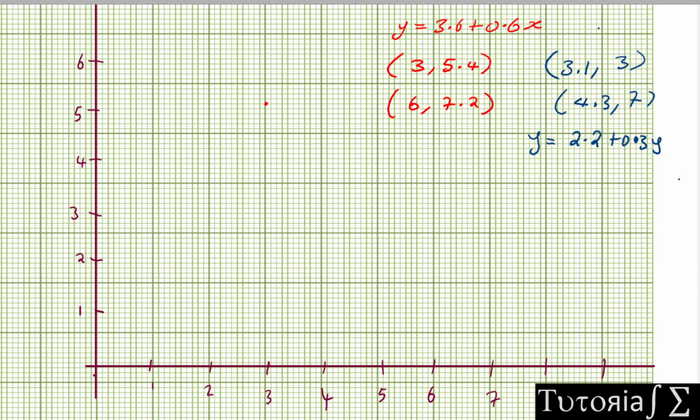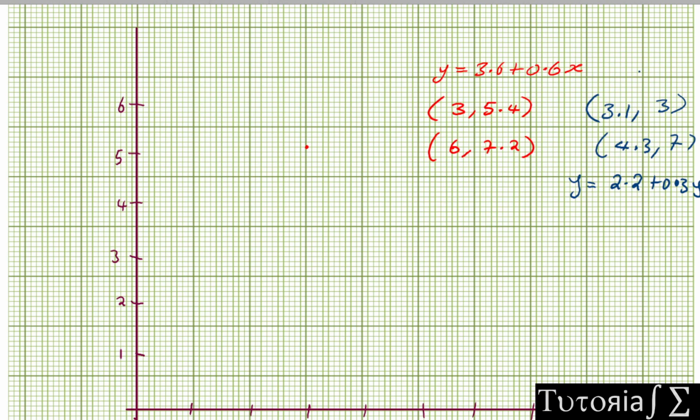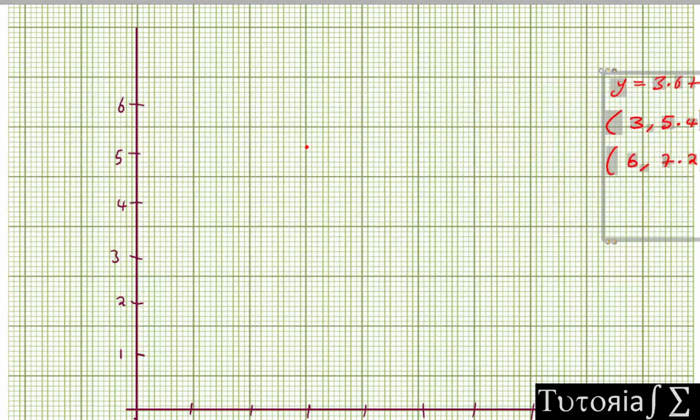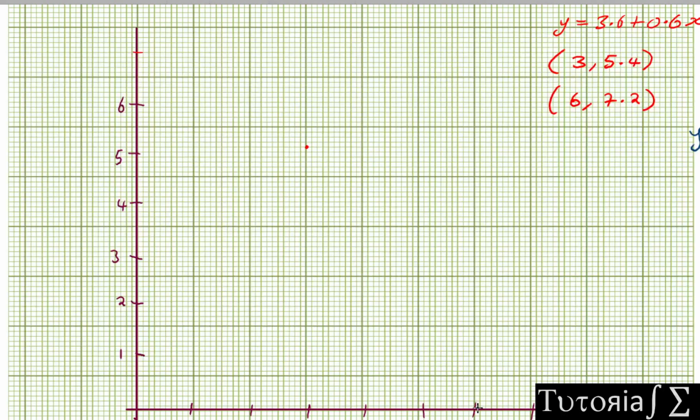Okay, let me just move these away from here. (6, 7.2) will be somewhere there.